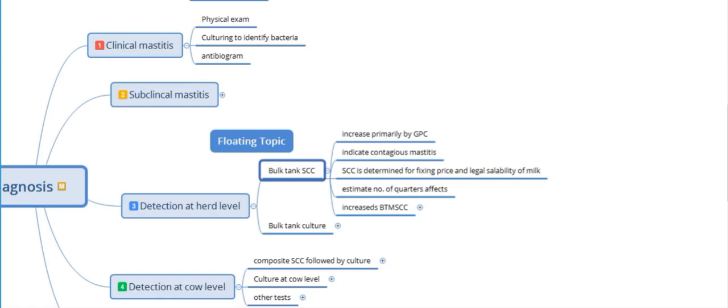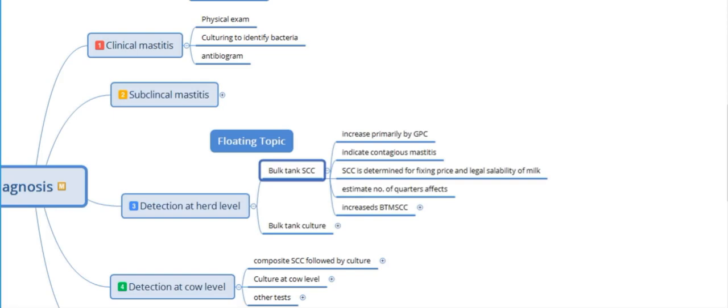And thus bulk tank milk somatic cell count is important in a large number of countries, and that is the standard pricing method of milk. If the somatic cell count increases beyond a limit, they impose a penalty, and the price of the milk goes down, or the share of profit to the farmer is reduced.